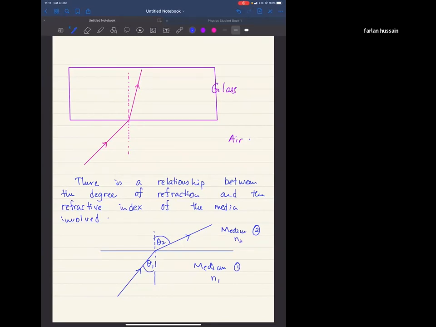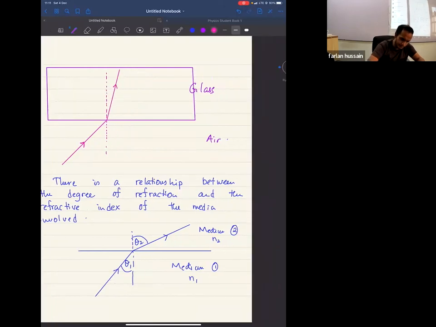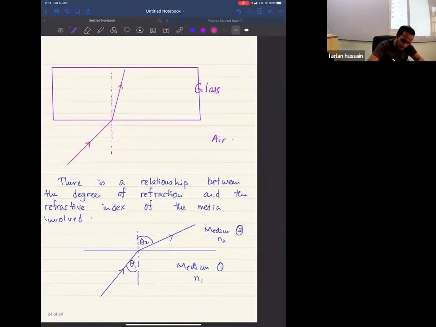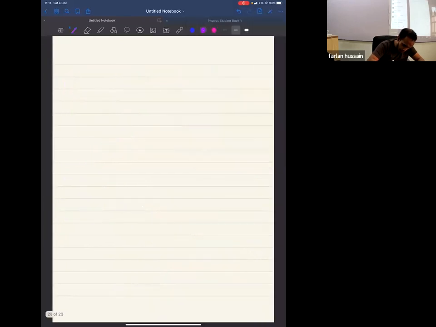So the relationship is we can write n1 into sine theta 1 equals n2 into sine theta 2.